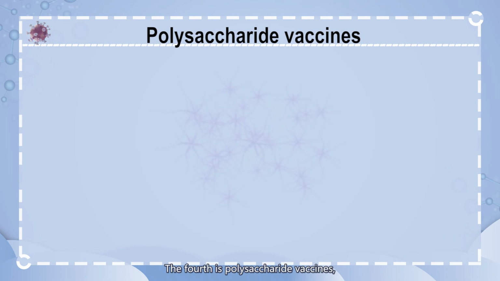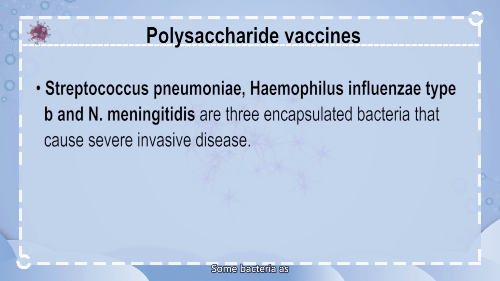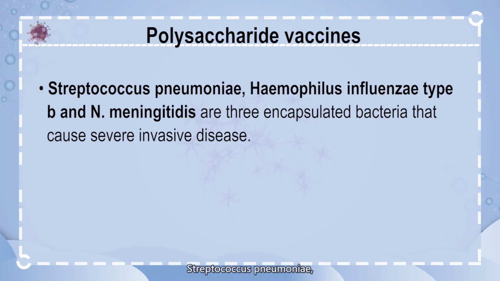The fourth is polysaccharide vaccines. Some bacteria, such as Streptococcus pneumoniae, Haemophilus influenzae type B, and N. meningitidis, are three encapsulated bacteria that cause severe invasive disease.